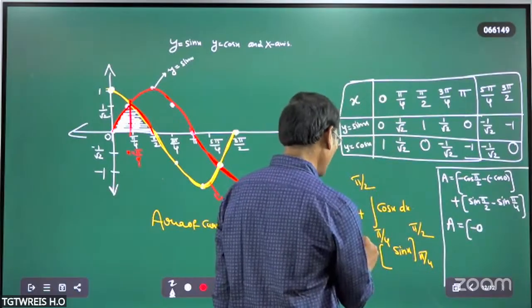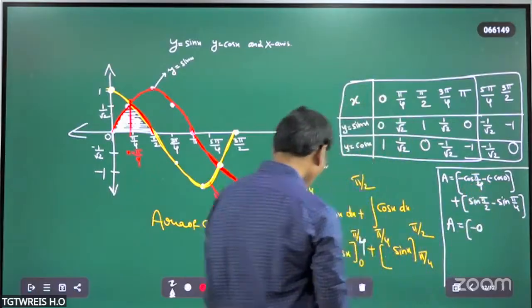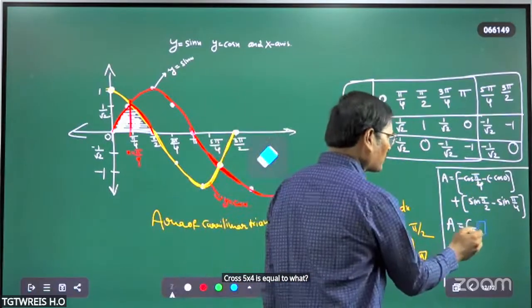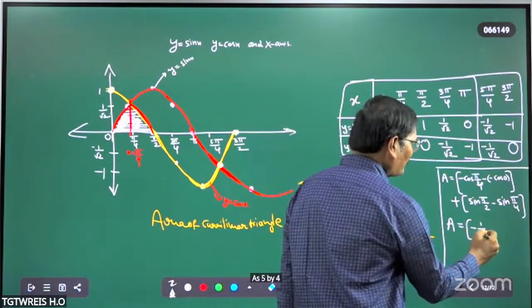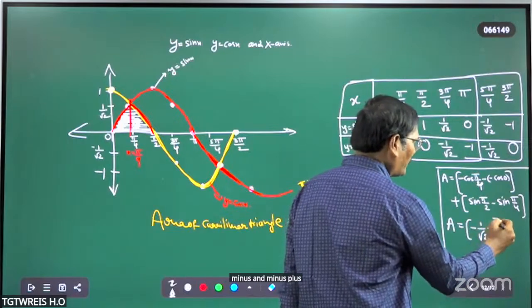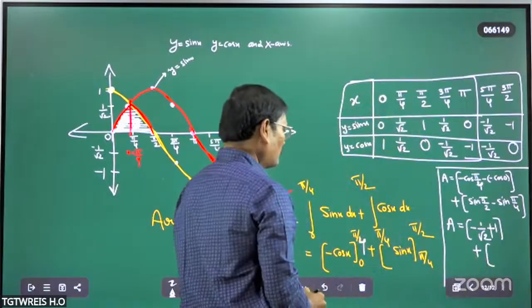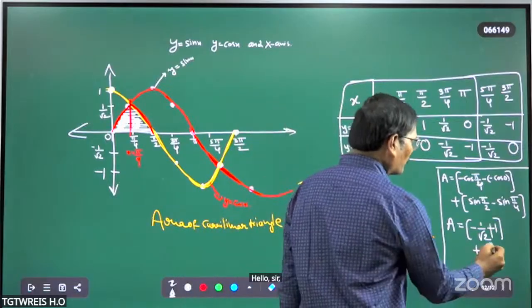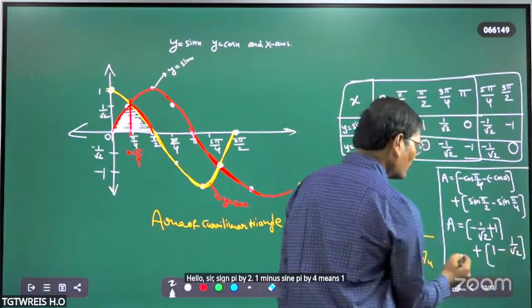Sorry, here cos pi by 4. Cos pi by 4 is equal to what? Cos pi by 4 is equal to 1 by root 2. Minus into minus, plus cos 0, 1. Plus sin pi by 2, 1, minus sin pi by 4, which means 1 by root 2.